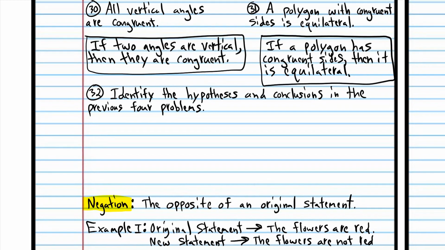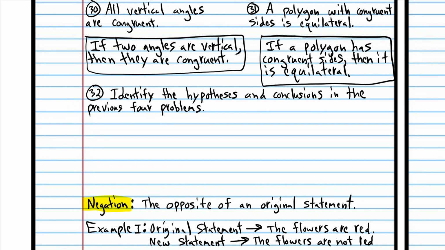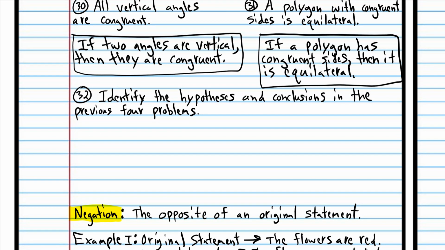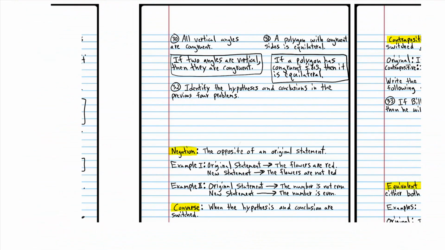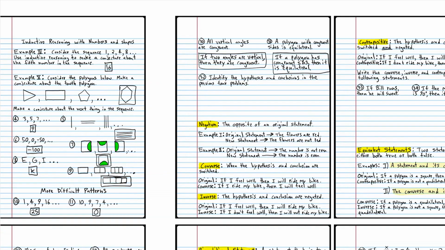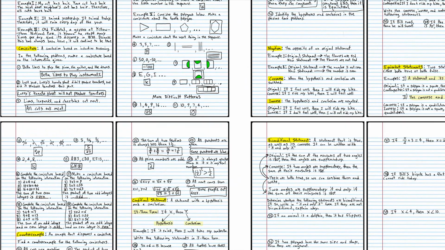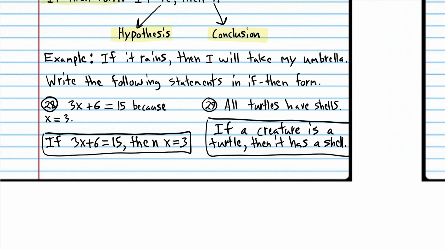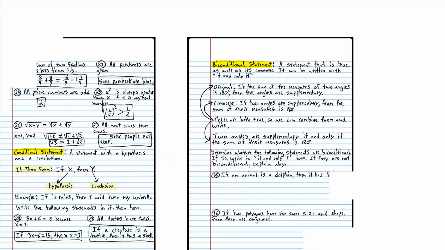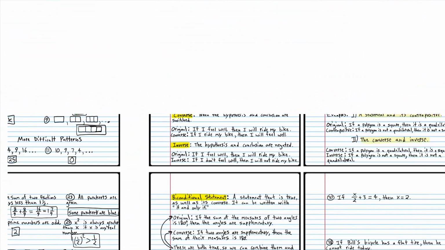Oh, wait a second. Identify the hypotheses and conclusions in the previous 4 problems. All right, so let's actually do the first couple of these. So we're going to identify the hypotheses and conclusions. This comes before if, so it's the hypothesis, and x equals 3 is the conclusion. So for number 28, that was 28.